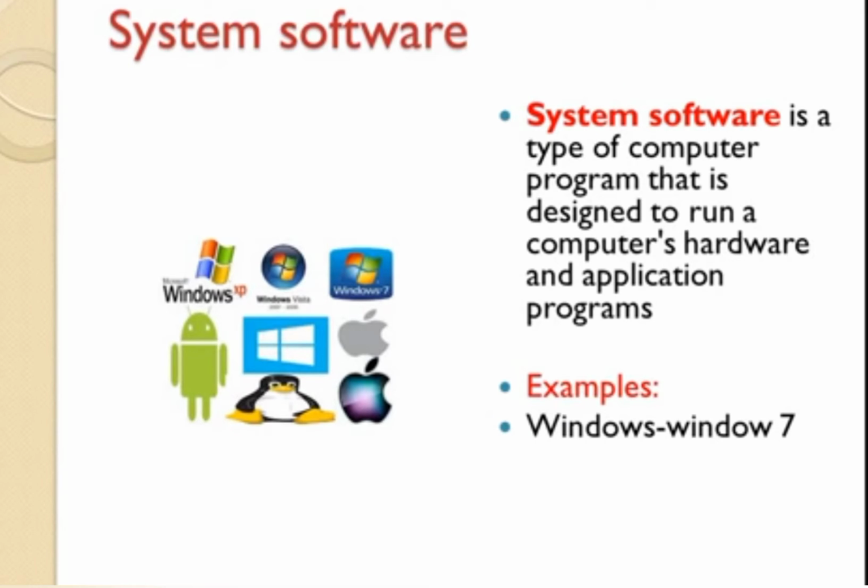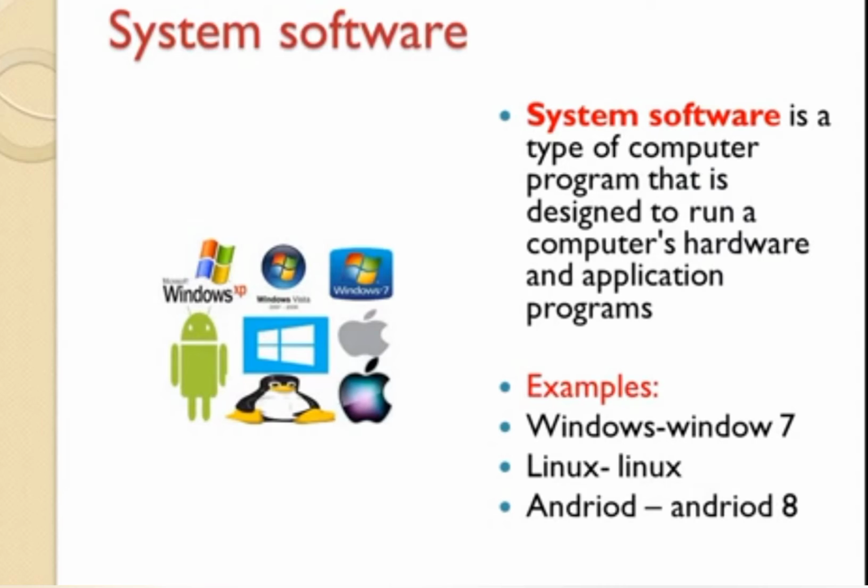We have Windows 10, which is the latest version. We have Windows 8, Windows XP, Windows Vista. All these are examples of Windows. We also have Linux. Linux is also a system software that runs in our computer hardware. And the last but not the least is the Android.